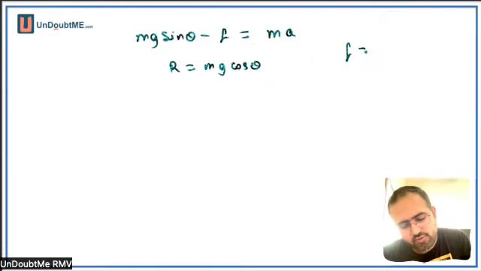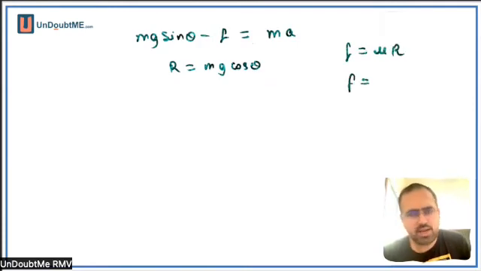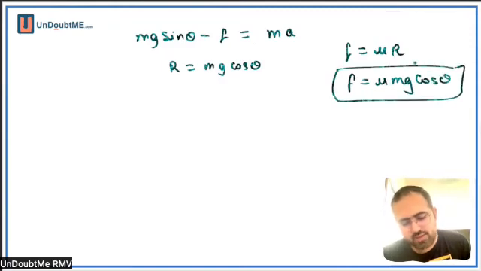I know that force of friction is mu r, and mu will be a certain value given in the question, but the value of r is mg cos theta, which I can certainly put over here. So the value of frictional force f is mu mg cos theta, which is ready to be substituted over here.